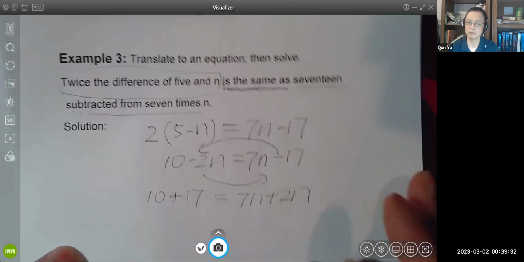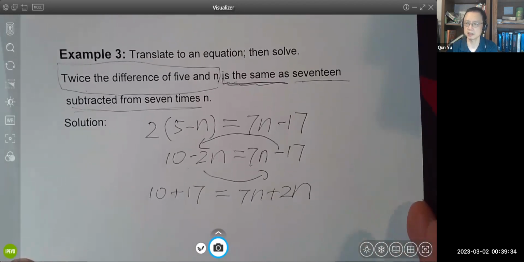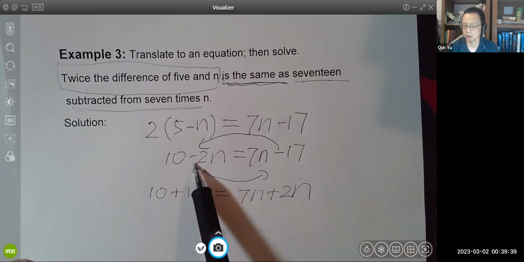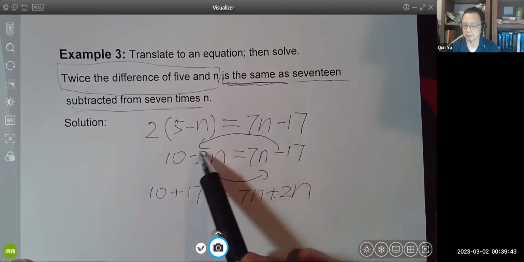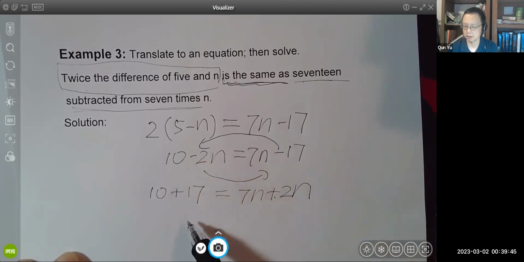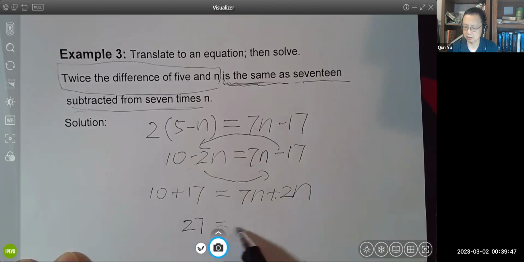So whenever we move a term to the opposite side of the equal sign, we change the sign to the opposite too. So negative 2n becomes positive 2n, negative 17 becomes positive 17 here. So 27 equals 9n, apparently n equals 3. So we solve it.